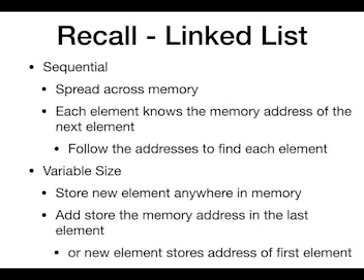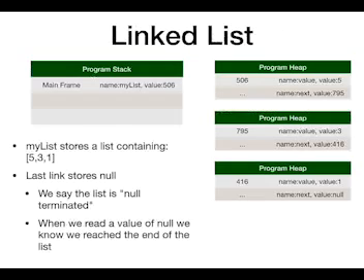So every time we add a new element, we're asking our operating system for a new chunk of memory that has enough space to fit that one element and a reference to the next element in the linked list. So just enough space to hold those two values, and we don't care at all where in memory that is. We're just going to have each node remember its value and where the next node can be found.